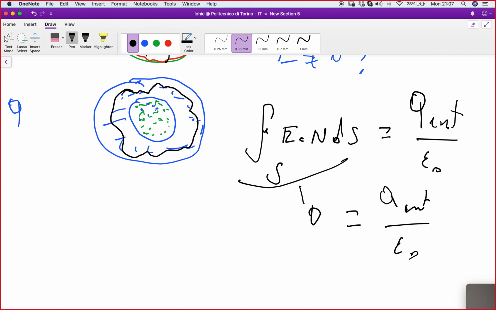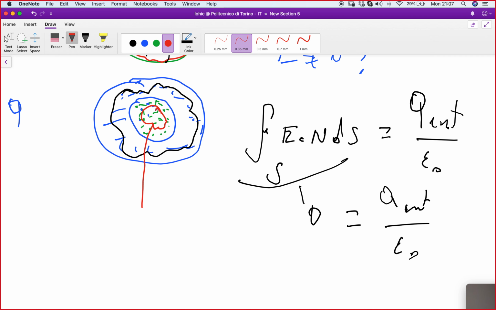But suppose now we don't have any charge here, right? This means that we cannot have a charge here. Now let me take any other surface, which is green, but here. We already proved that we don't have any charge inside in the green zone. Now, as we don't have any charge in the green zone, if I take a gray surface like this, there is no charge in this gray surface.